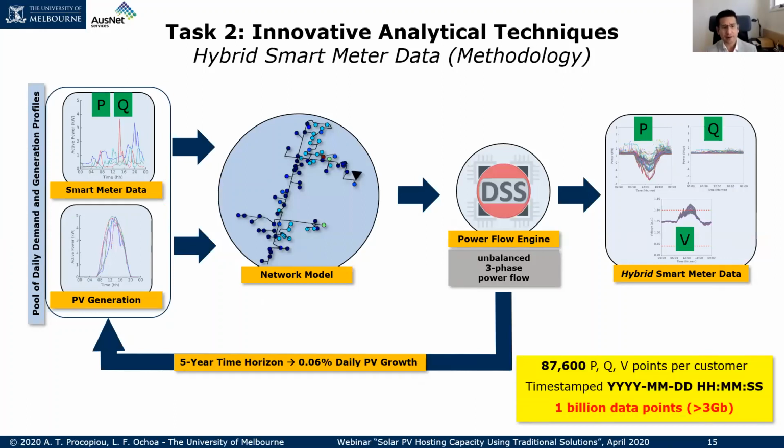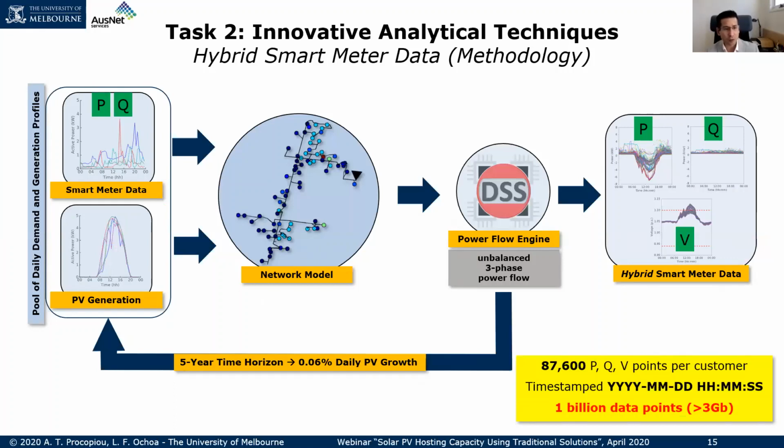We had very realistic smart meter data from different types of residential customers, but only their P and Q data, active and reactive power. But the moment we put this into our network models, we run power flows and produce the corresponding voltage. So we ended up with P, Q, and V. Lots of data for different penetrations, like 1 billion data points, or more than 3 gigabytes.